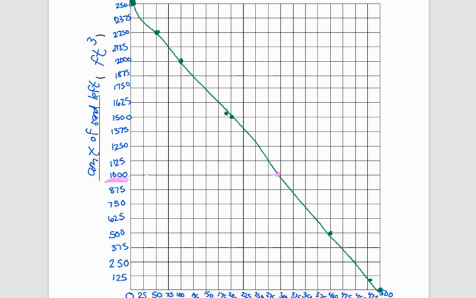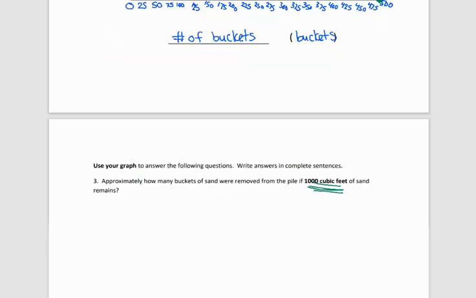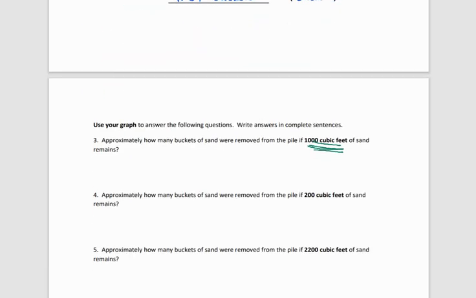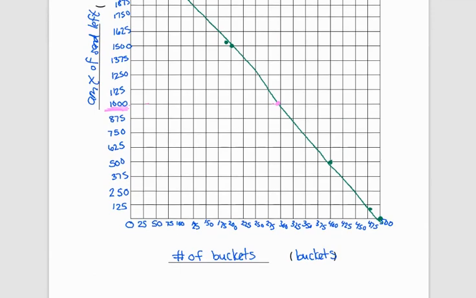All right, I'm checking in just to see your progress so far. Let's hear from a variety of folks. It's okay if you're wrong, remember. It's good practice to just try. So with that 1,000 cubic feet, who can tell me what you said for number of buckets? Again, it's an approximation. I said about 300 buckets of sand were removed.